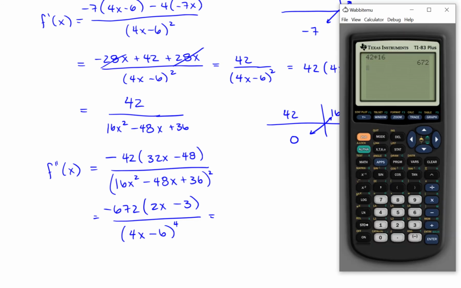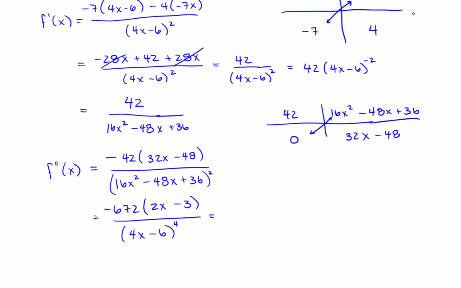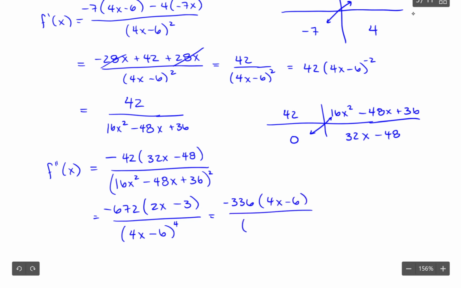672 divided by 2, 336. So negative 336 times 4x minus 6, because now that matches what's in the denominator. And one of these will cancel away. So negative 336 over 4x minus 6 to the third power.